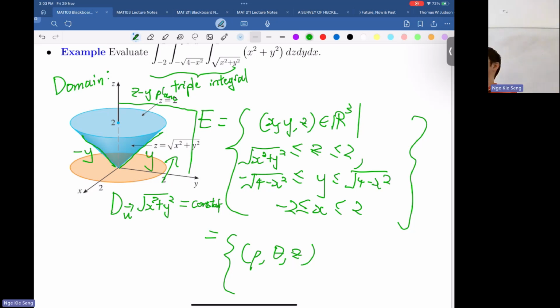So what kind of theta should you take? 0 to 2 pi. How about the radius? In this case, how big is the radius of the cone? Radius going from where to where? 0 to 2.